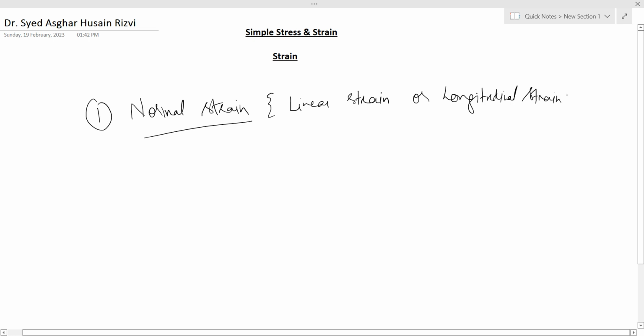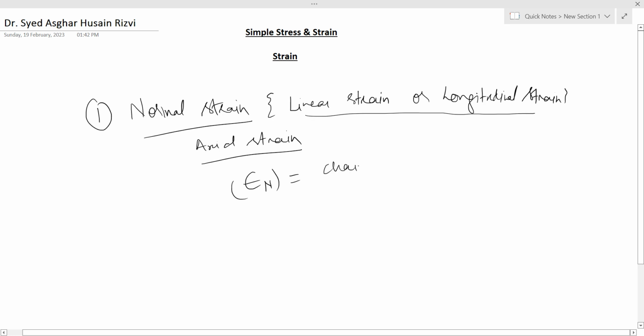They all are same. And sometimes it is also expressed as axial strain. It is generally the ratio of change in length of the body to the original length of the body. Normal strain is generally denoted by epsilon n, and it is the ratio of change in length over original length.